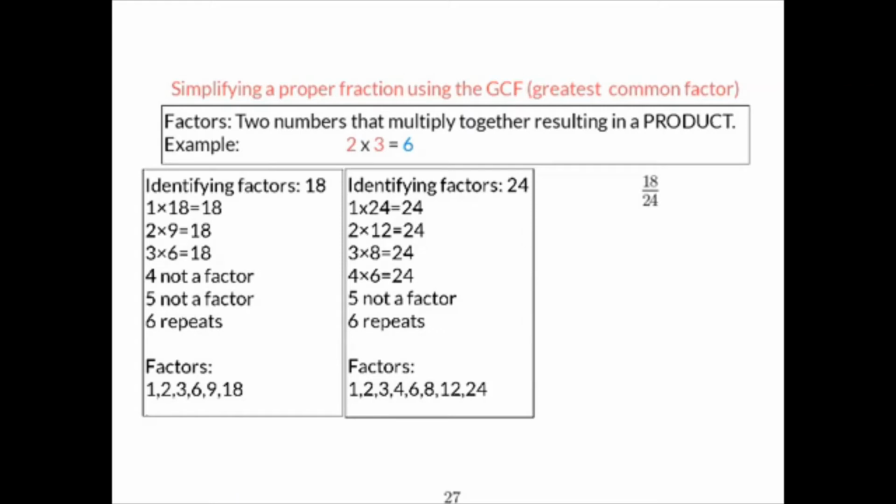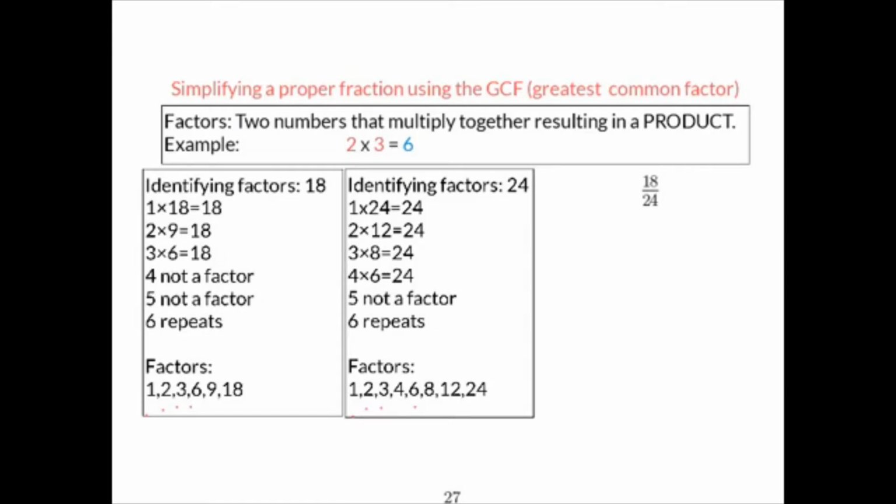Both have 1 and 1, both have 2 and 2, 3 and 3, 4 is not in our factors for 18, 6 and 6. There's no 8 in the factors of 18, there's no 12, and there's no 24. So both numbers, 18 and 24, have common factors of 1, 2, 3, and 6.